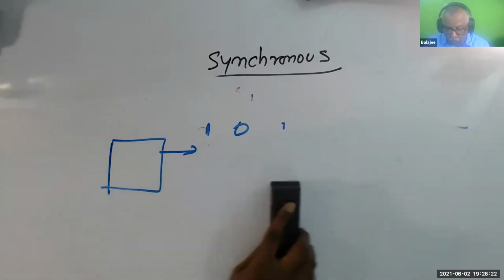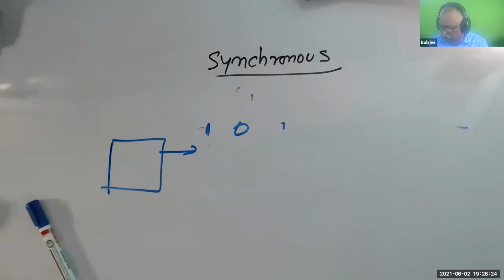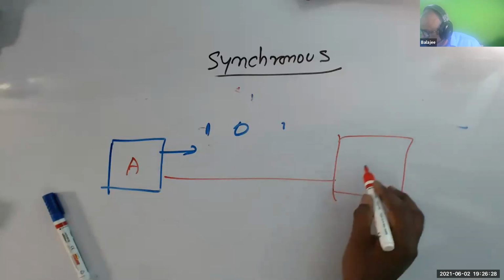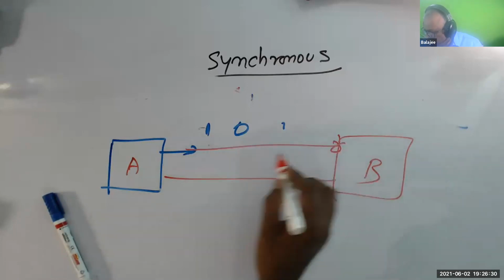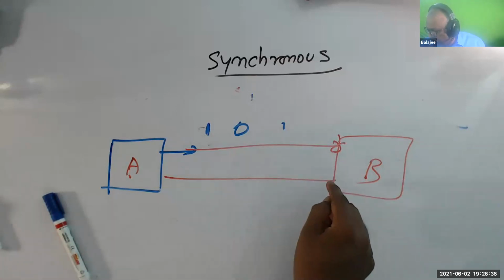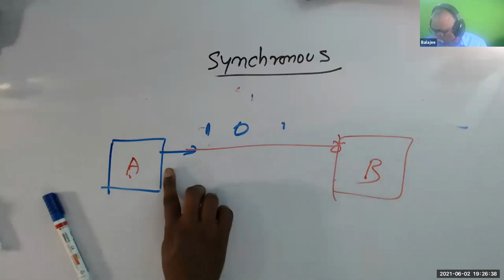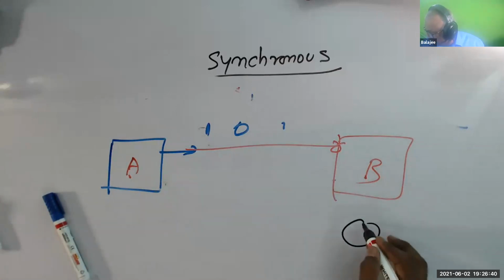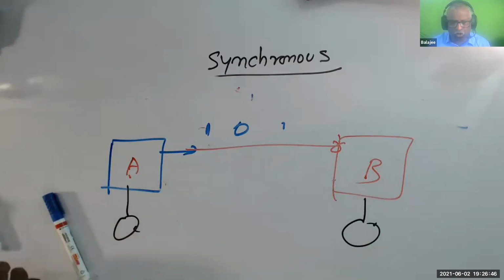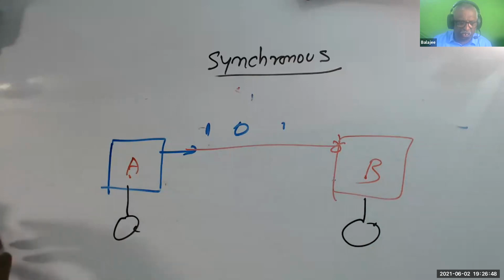But understand one thing, when I send my clock from A station to B, no issues. But unfortunately, when you don't send the clock, and the clock is generated at its own place, they are not synchronized. The timings differ from A to B.